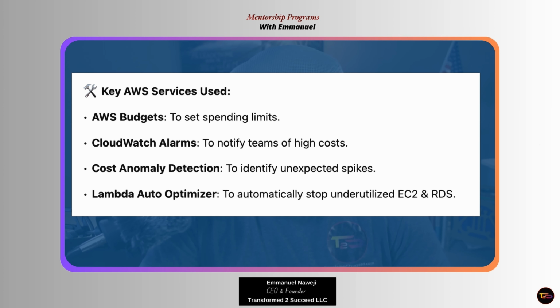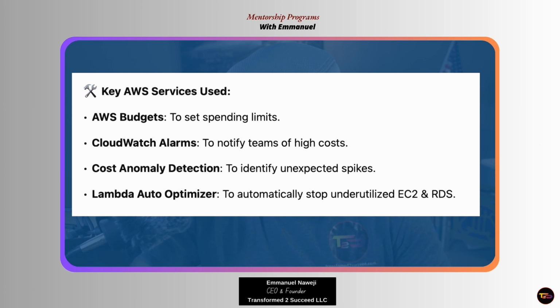Finally, we have the Lambda Auto Optimizer. This will automatically stop underutilized EC2 instances and RDS. You can tweak this to add whatever resources you want to optimize, which are part of your infrastructure.